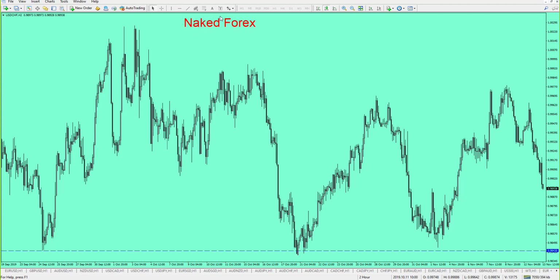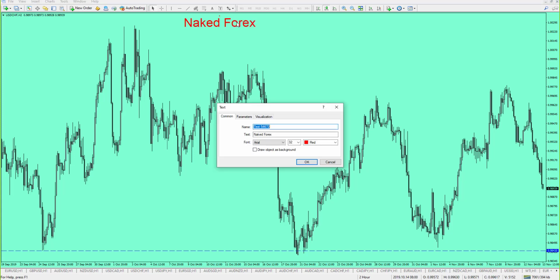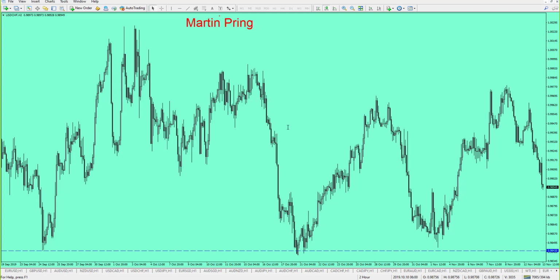But what's cool about this strategy is it's been well received in the trading world, and it's known as a pin bar. Now, a pin bar is different than a kangaroo tail. Interestingly enough, I think it was Martin Pring who, in his book, I think Pring on Price Action, talks about pin bars.